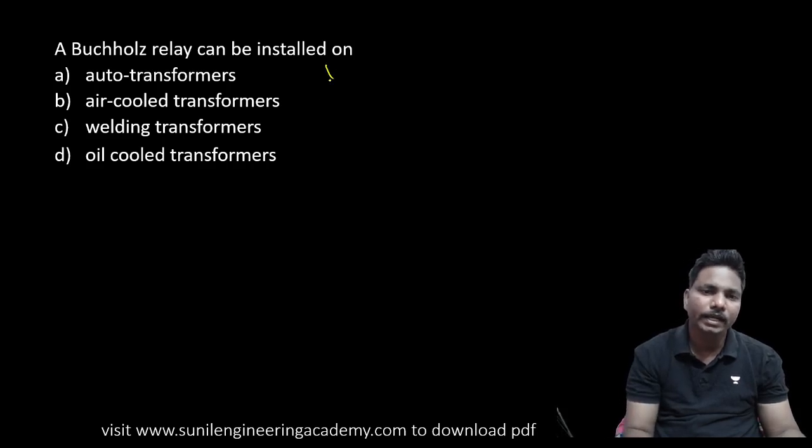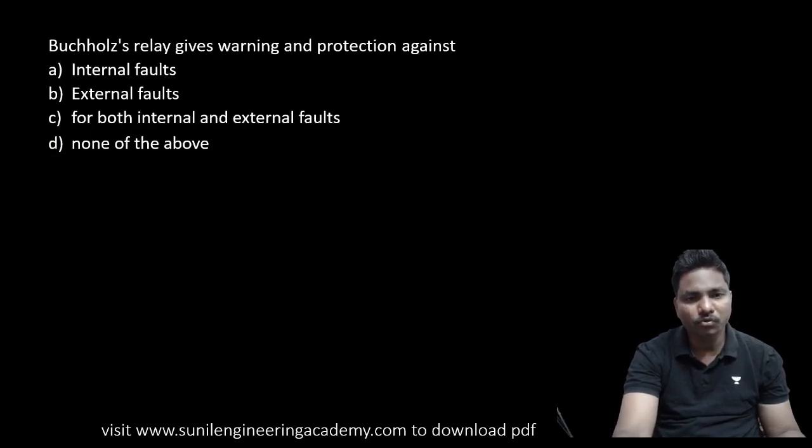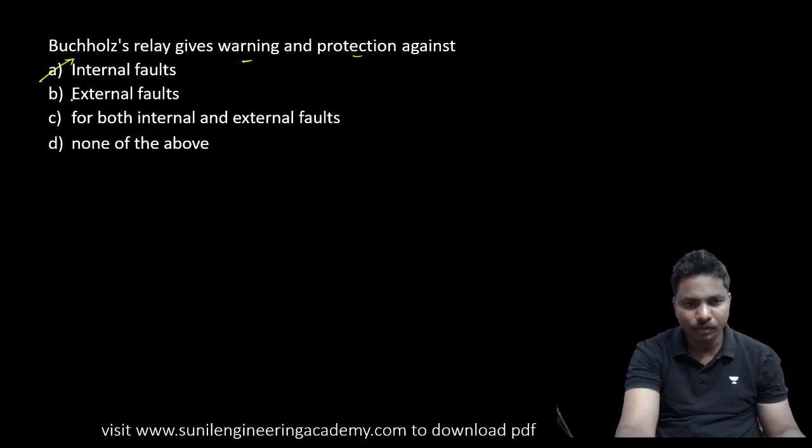It operates whenever there is oil, so it is used in oil transformers, which are nothing but oil cooled transformers. Buchholz relay gives warning and protection against dash. It always gives warning and protection against internal faults only.